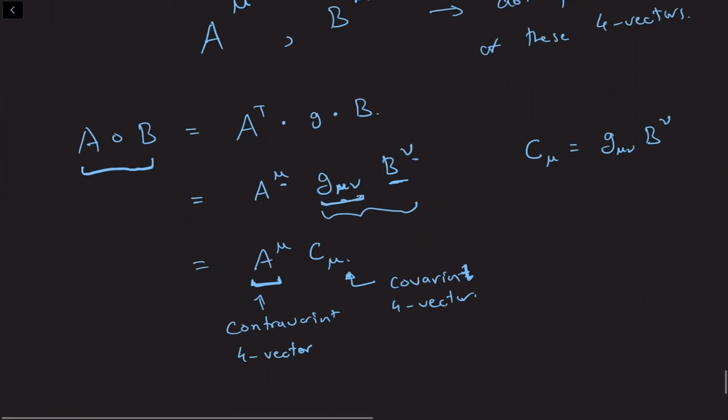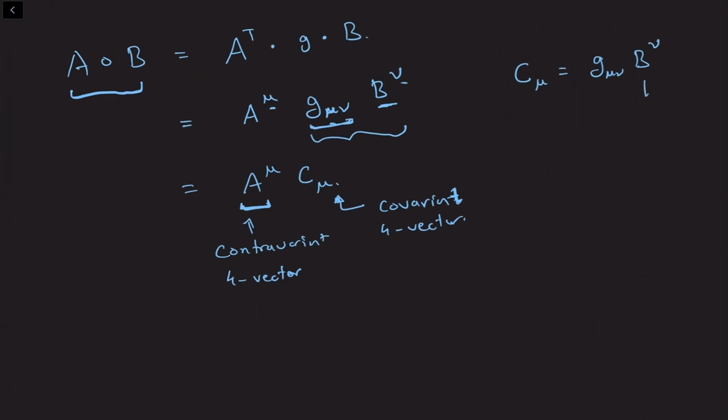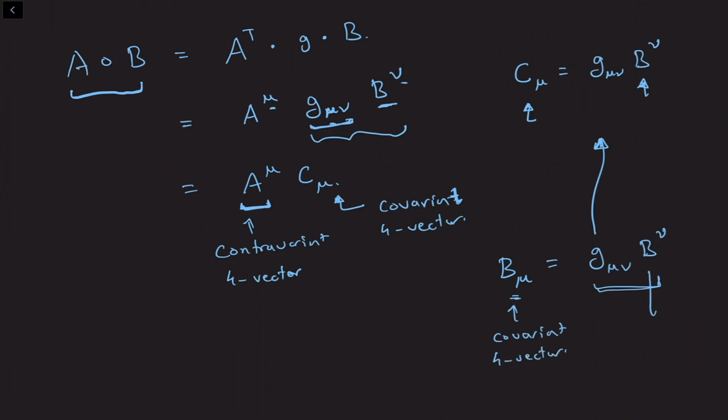One other thing that I'd like to point out is typically when you go from the contravariant 4 vector to a corresponding covariant 4 vector, you typically do not change the letter that describes this contravariant 4 vector. So conventionally what you would do is, if I write down b mu, this with a lowered index, this is related to b mu with an upper index through this transformation. Okay, so this is the corresponding covariant 4 vector that corresponds to this contravariant 4 vector.